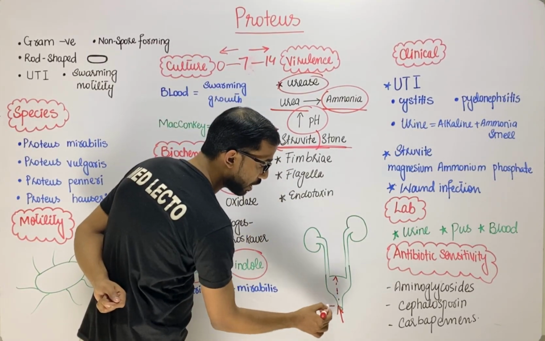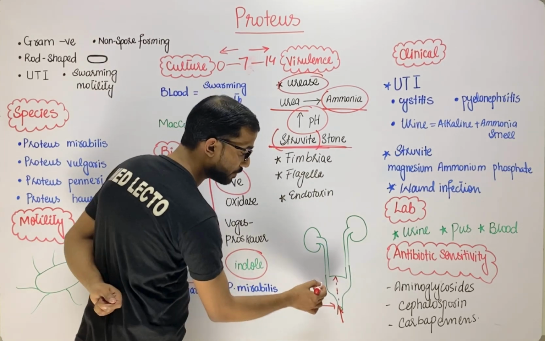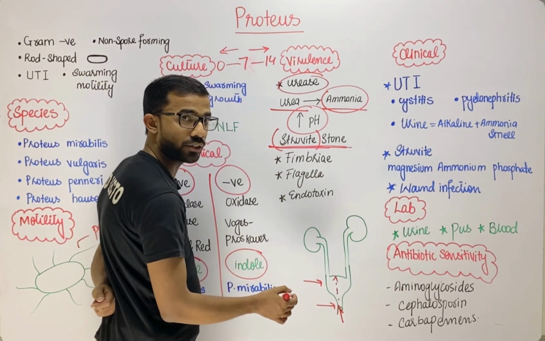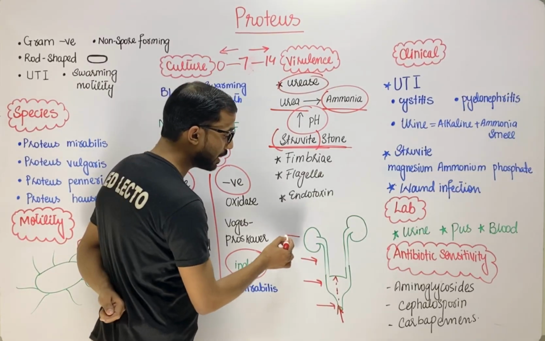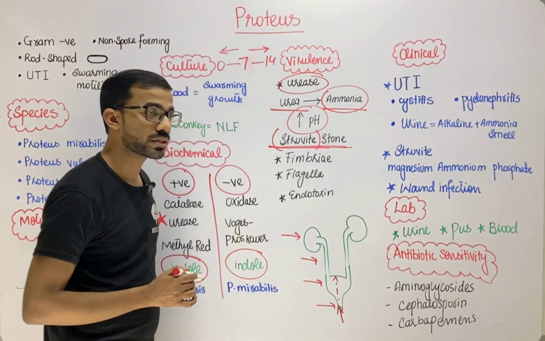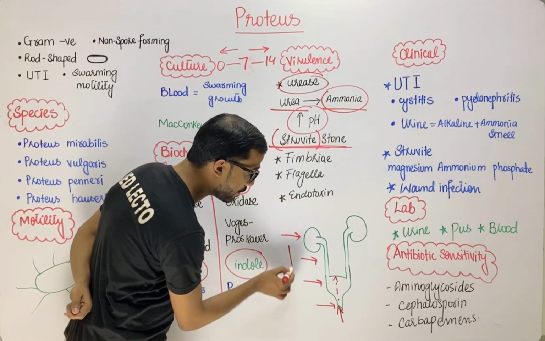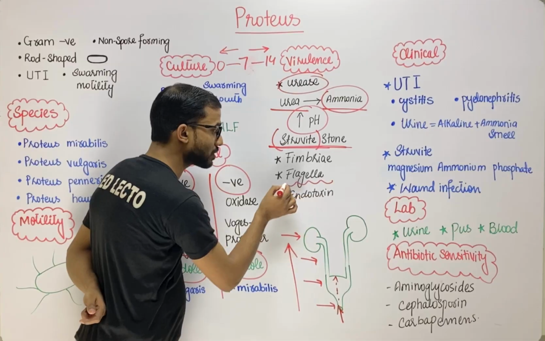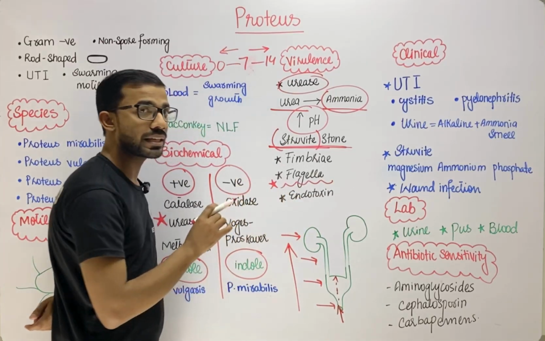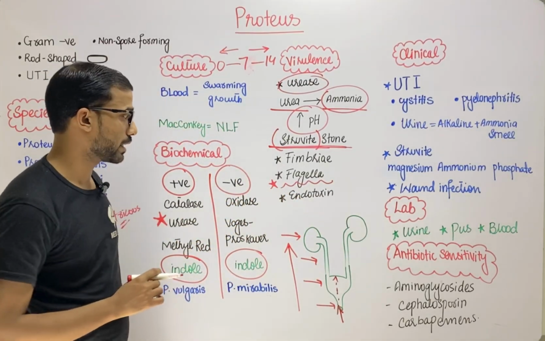It can first enter into the urethra, then go towards the urinary bladder, then towards the ureter, then ultimately reach the kidney. So the infection will be in ascending order, due to the presence of the flagella that helps in the motility of Proteus.